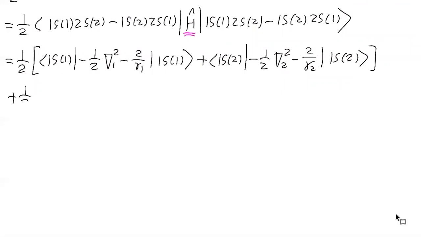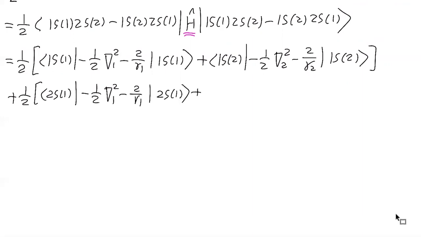The second term, again, you have 1 over 2 in front of this expectation value. So you will have 2s1 negative 1 over 2 for the first electron, 2s1, plus 2s2 for the second electron, right?